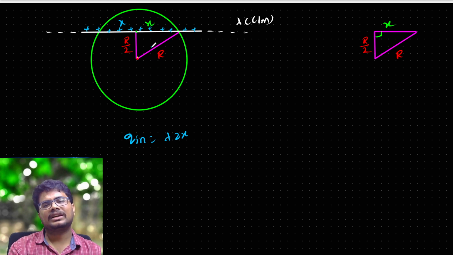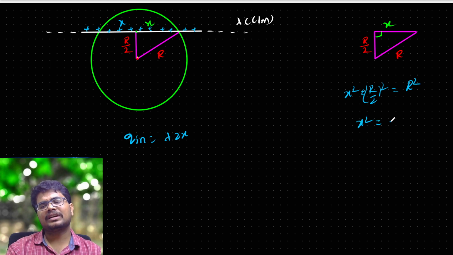How to find that? This is x, this is r by 2, this is perpendicular, like this we can write it. This is the hypotenuse. So opposite side square plus the other side square equals hypotenuse square. x square plus r by 2 whole square is equal to r square, I can write. Yes sir. So x square equals r square minus r square by 4.